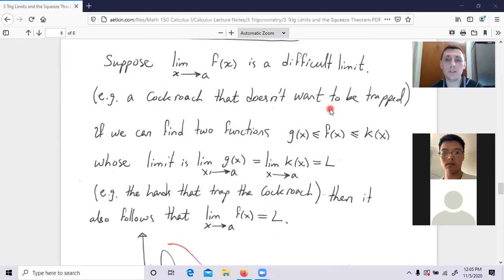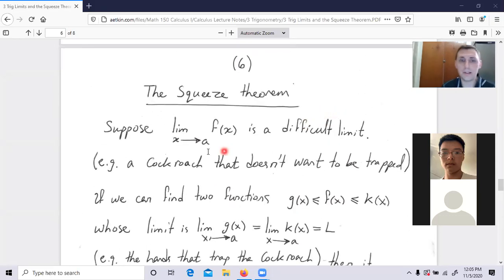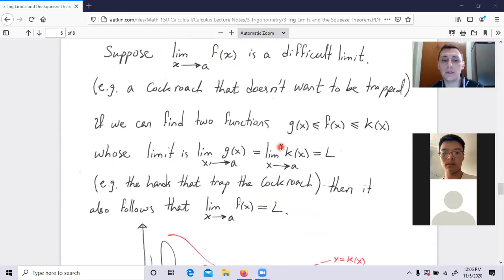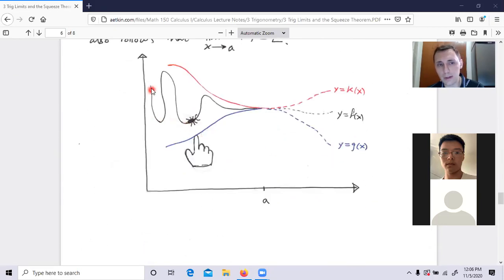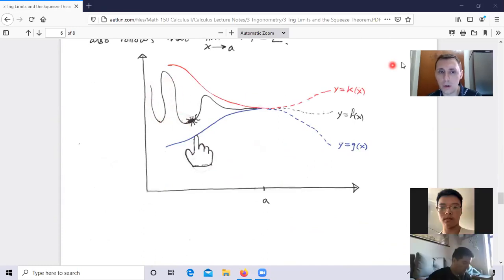Okay, so here, let's talk about the squeeze theorem. Suppose that it's very difficult to figure out the limit as x goes to a of f of x. So it's like a cockroach not wanting to be trapped. Imagine you have this cockroach, and the cockroach is running in a very complicated pattern. And then you want to trap the cockroach near the point a.